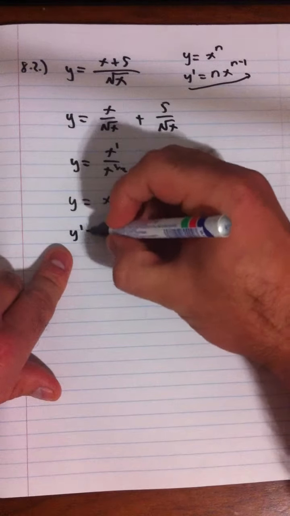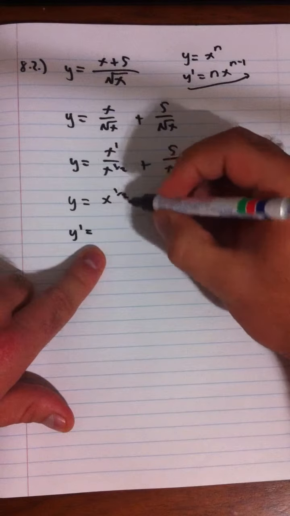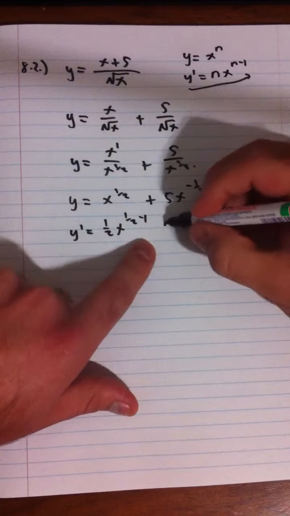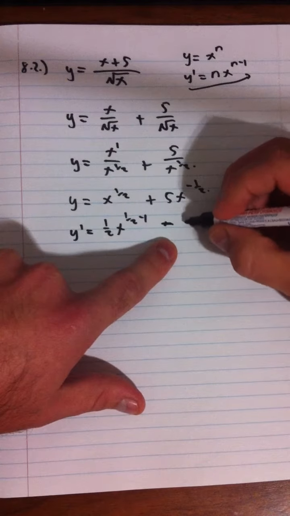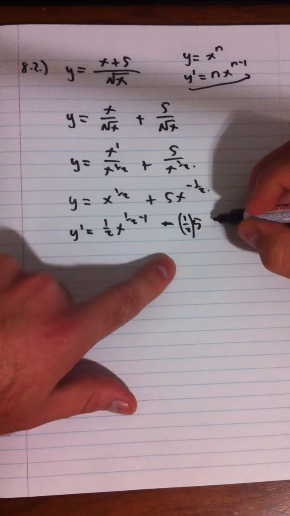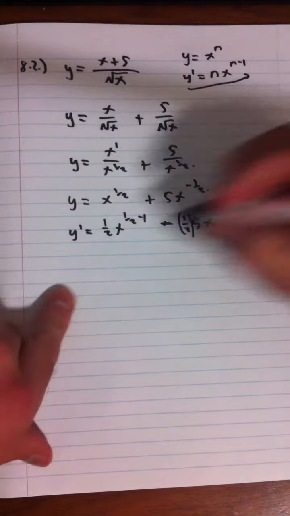So y prime is equal to n, which is that half there, a half x to the power a half minus 1, plus negative, so it becomes minus a half times 5 times x to the power negative a half minus 1.